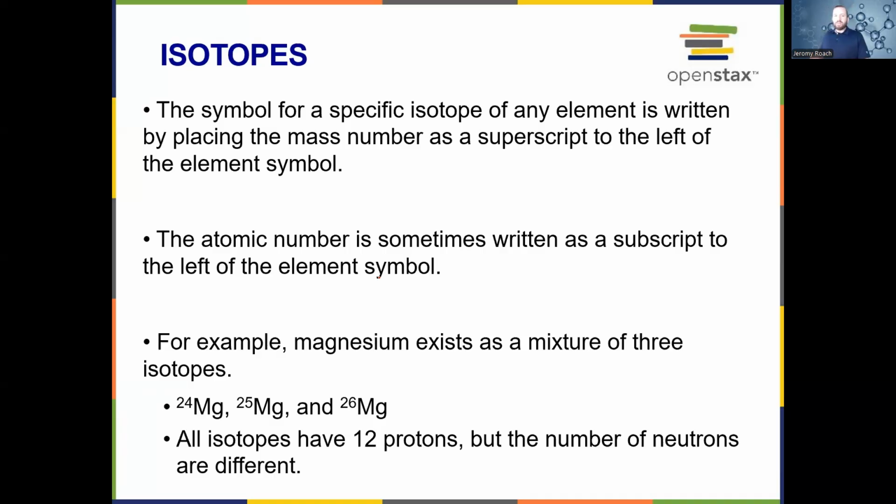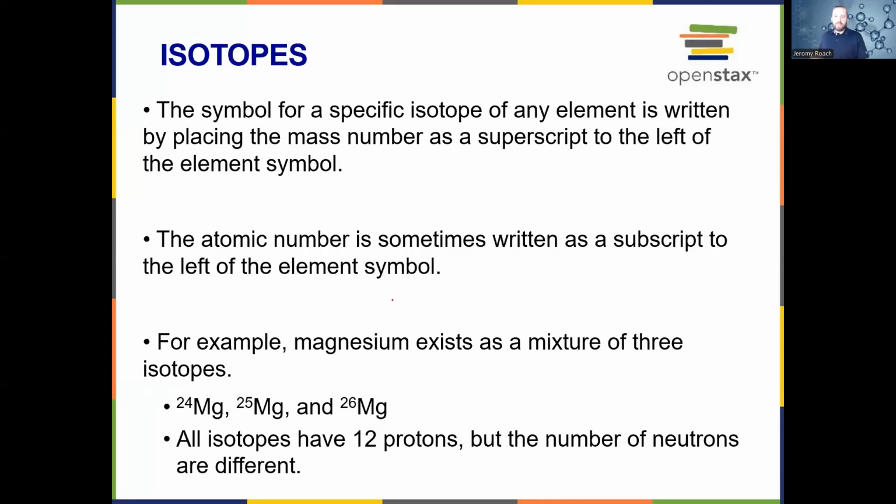Isotopes. We're going to talk about isotopes when we get to nuclear chemistry, but for now, this is just a basic overview of what isotopes are. The atomic number, sometimes we write it as a subscript to the left of a symbol.